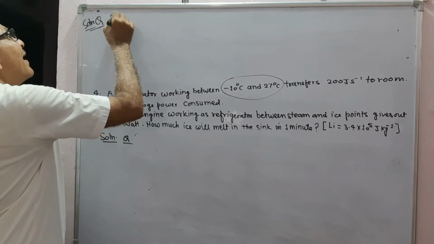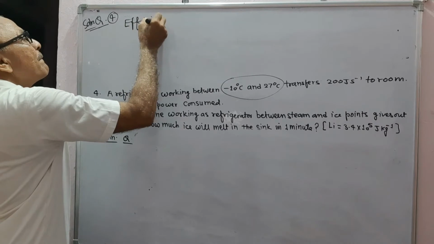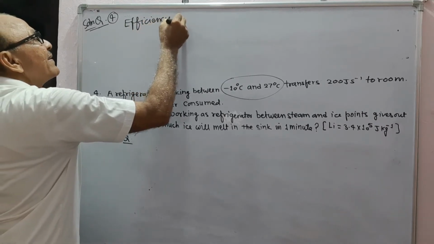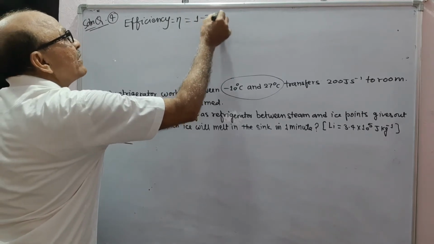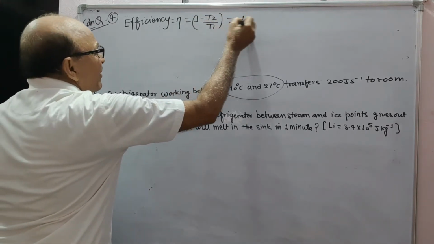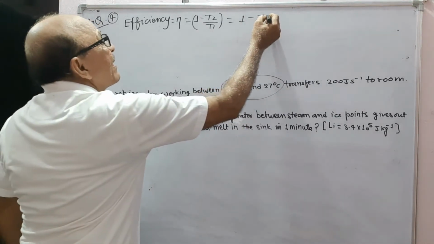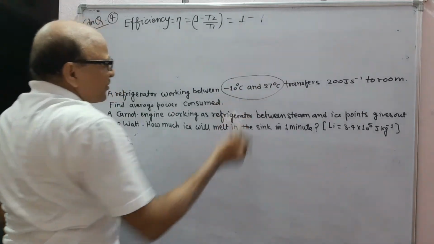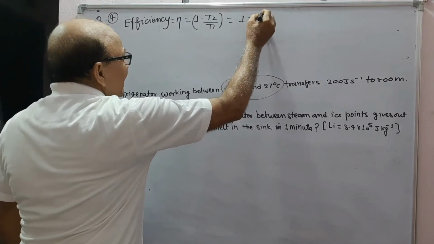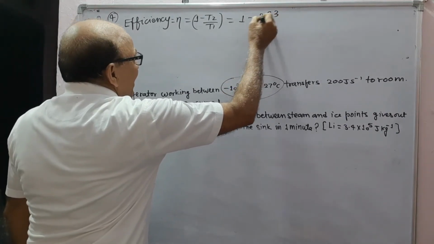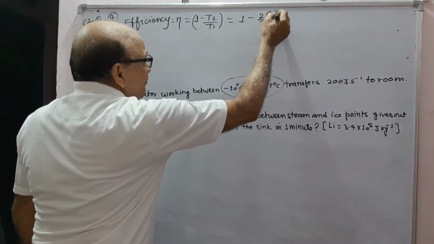Solution: efficiency of refrigerator eta will be equal to 1 minus T2 upon T1. This is 1 minus T2, which is minus 10 degree Celsius, meaning 273 minus 10, that is 263, upon T1, which is 27, meaning 300 Kelvin.